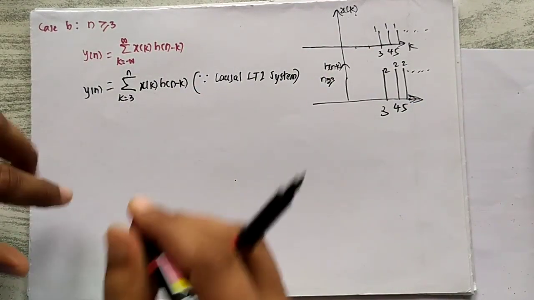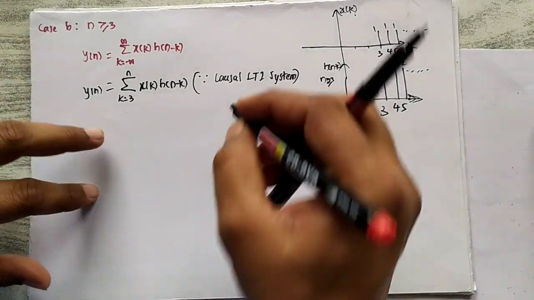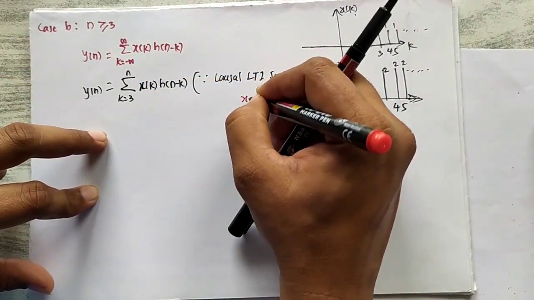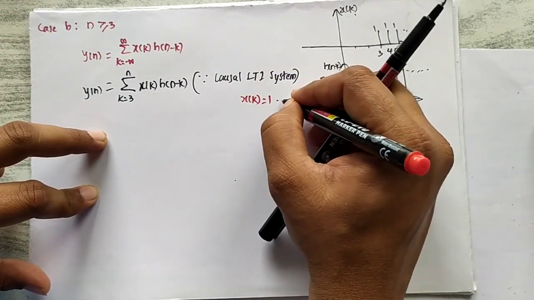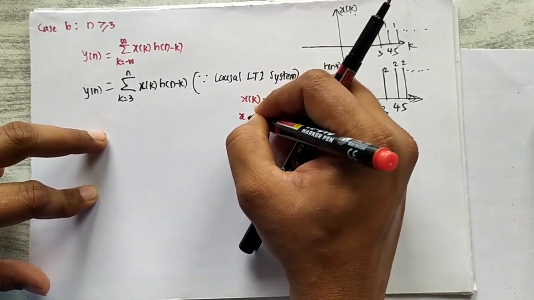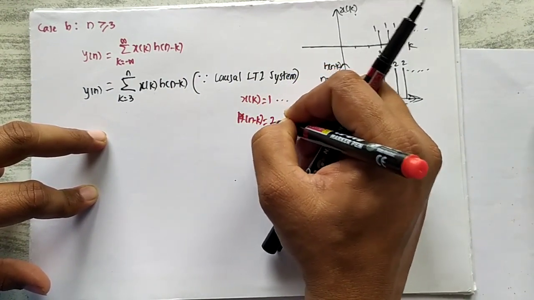Now what will be the amplitude of x of k? X of k is 1 because it is a u of n signal, and for h of n minus k the amplitude is 2.